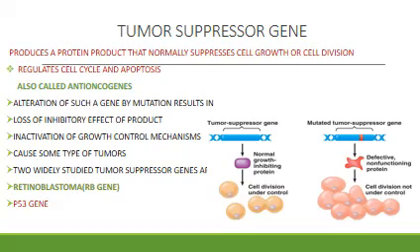So the normal product, which is a growth inhibiting protein, becomes defective. And what happens? You'll have uncontrolled growth. Cell division is not under control. And this results in certain types of tumors. So the RB gene or the retinoblastoma gene and the p53 gene are two examples of the tumor suppressor gene.